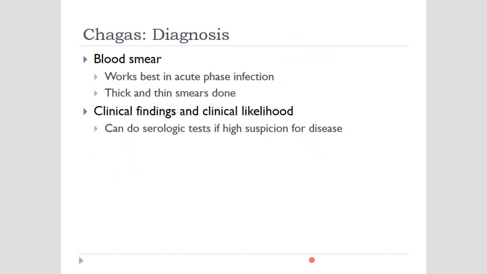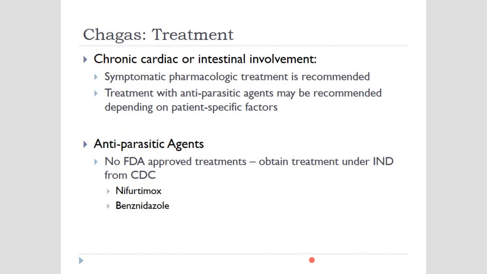How do you diagnose Chagas disease? We do a blood smear, thick and thin smears, and again, clinical findings and clinical likelihoods are there. We have serological tests if we want to find out if you really are carrying Chagas disease.